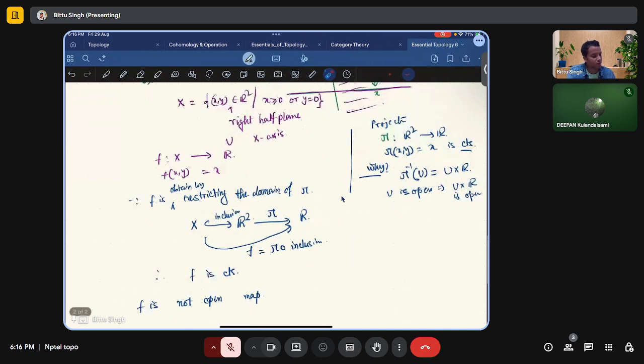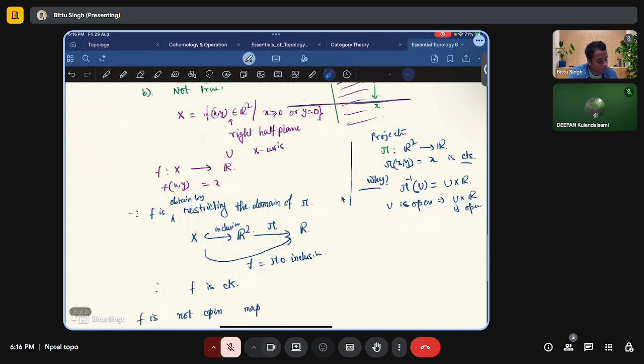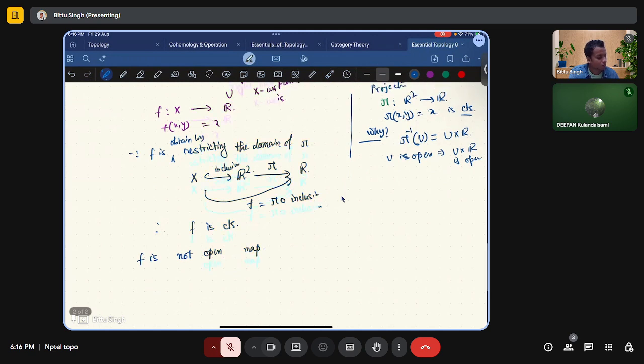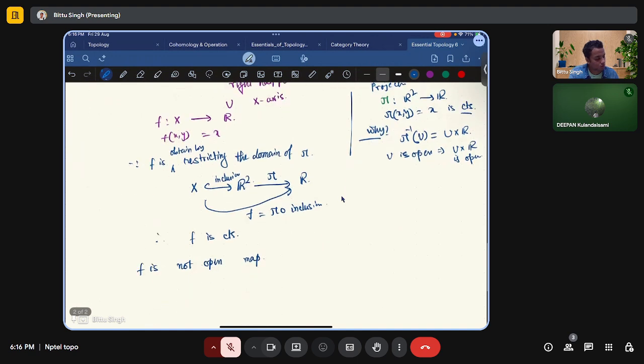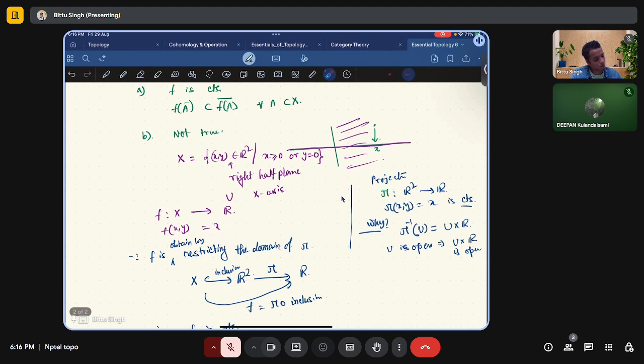We can observe this fact because if we consider this upper half portion, that is, consider the upper half portion, (x, y) belonging to X such that y is positive. That is this part, right?